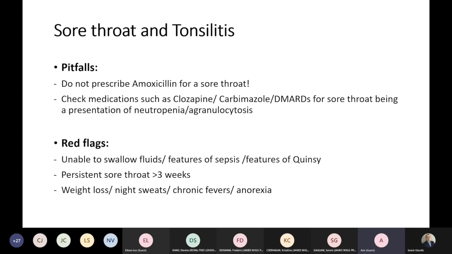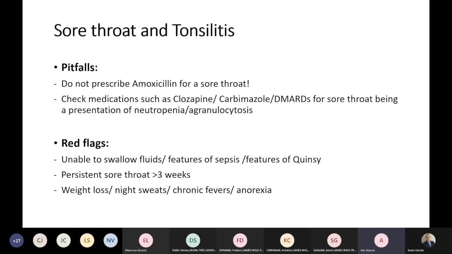The reason is that if the sore throat happens to be caused by glandular fever or Epstein-Barr virus, as you prescribe amoxicillin, they can present with a widespread maculopapular rash. It does happen commonly, and it still very commonly happens. Patients often tend to think that they're allergic to the amoxicillin, whereas what likely happened was that they'd been prescribed this for a sore throat, and they've had a reaction to that appropriately.